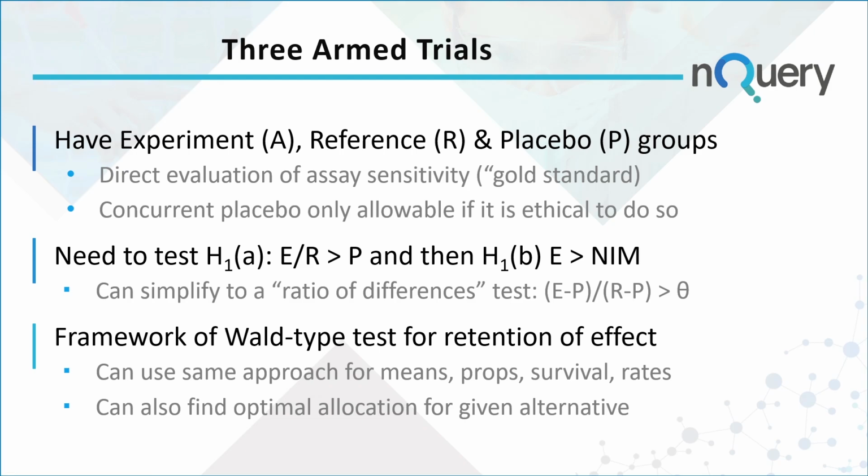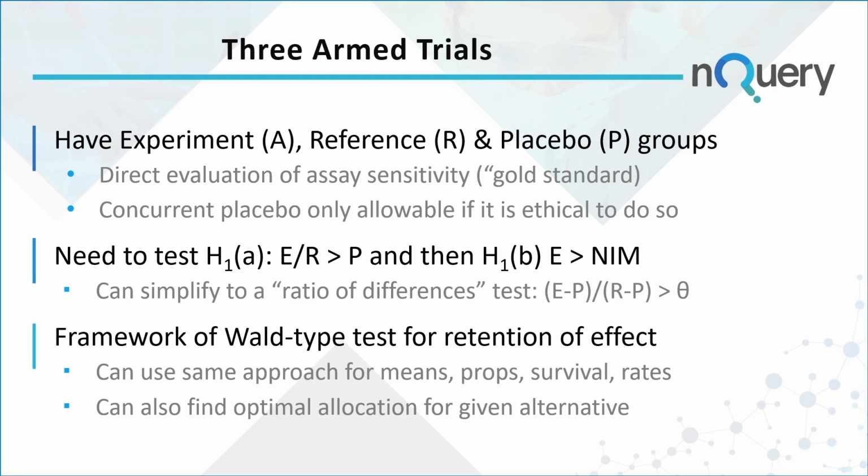So, the effect size for the experiment over placebo divided by the effect size of reference over placebo, and then showing that is greater than some non-inferiority ratio, which we call theta here. And so this is what we call a complete testing procedure, which basically takes these two sequential hypotheses and talks about them as if they were this one complete testing hypothesis.